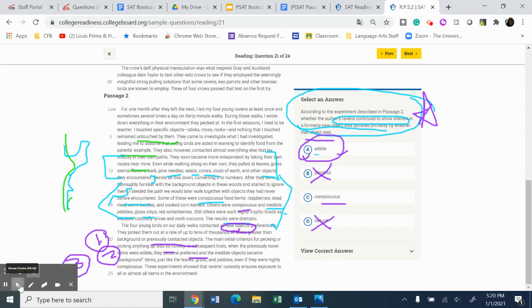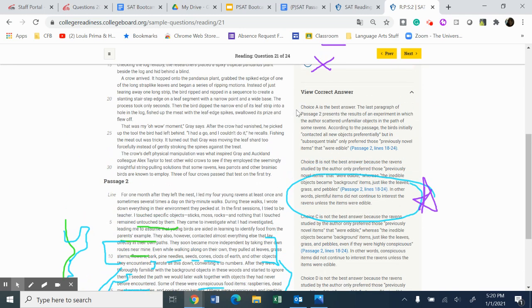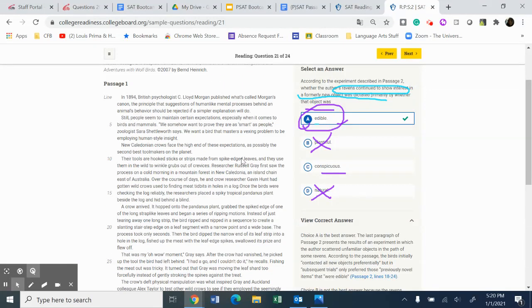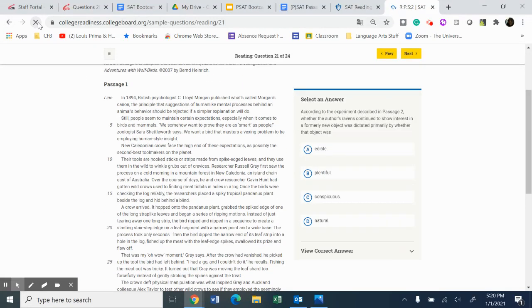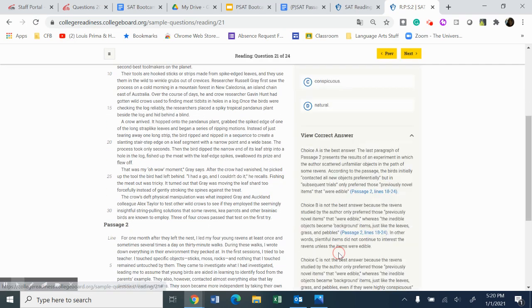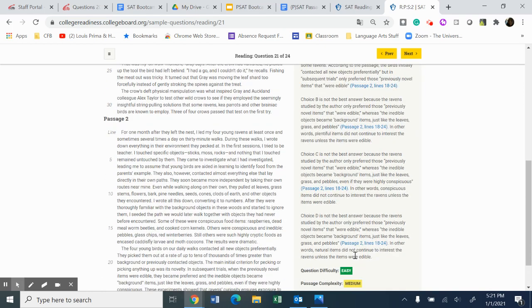And let's take a look at the answer. The answer was A. And so I notice here that what we have are the rationales for why the others aren't correct.